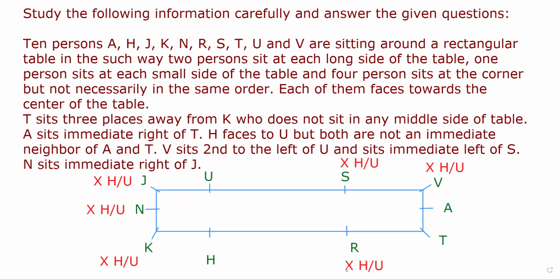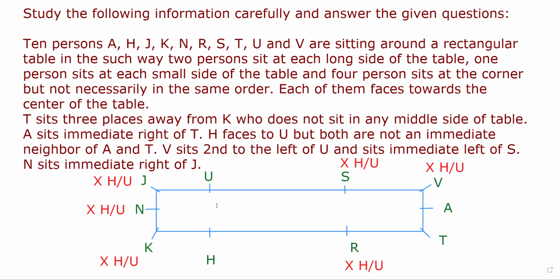Suppose the question is like how many persons sit between N and S when counted from the left side of N. When counted from the left side of N, if this is N, the left side will be this side, right?